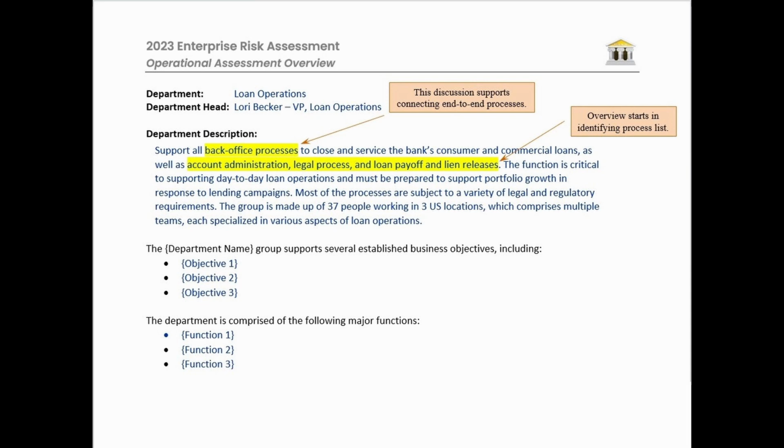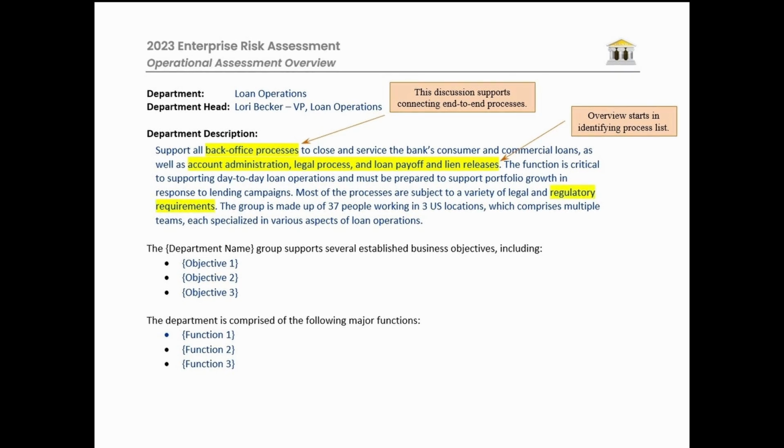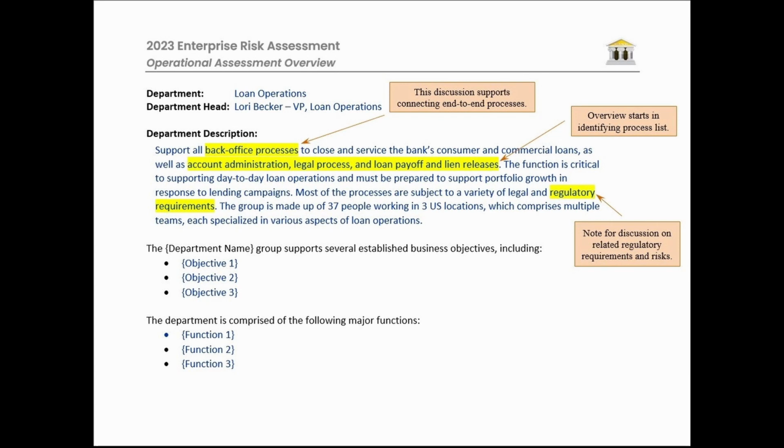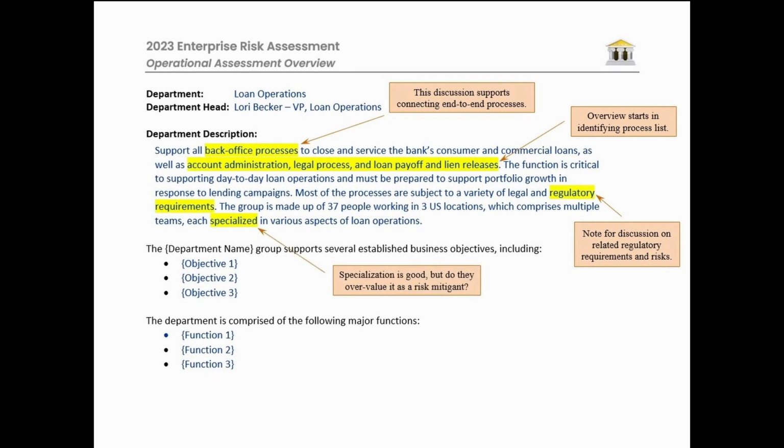We note that there's a reference to regulatory requirements. So again, note there that we're going to have to deal with that in a certain risk perspective. And we noted there's some specialization, and that is good, but do they overvalue this as a mitigant versus defined controls or other mitigants? Now you'll notice here in this overview section that there's a couple other sections that can be used.